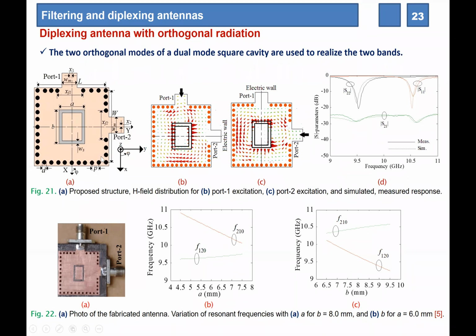If you make changes in A and B, you can change these two frequencies. Figure 22B and C show the variation of those two frequencies. If you change A, you can change F210 more. If you change B, you can change F120 more.